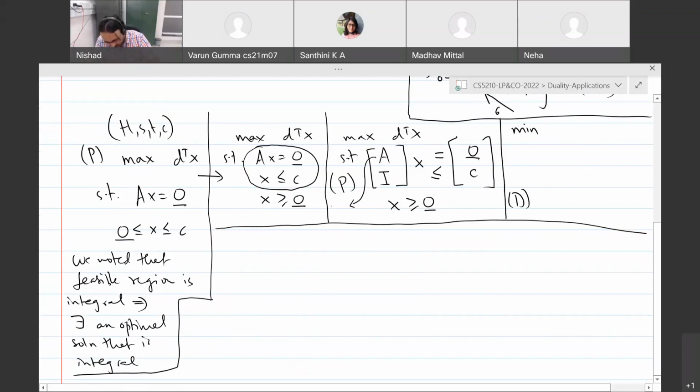Let's call them the y variables. And for each less than or equal to constraint coming from the identity matrix, we will have z variables. Let us try to figure out how many y variables we have and how many z variables we have. Can anybody tell me how many y variables do we have? How many rows are there in the matrix A?